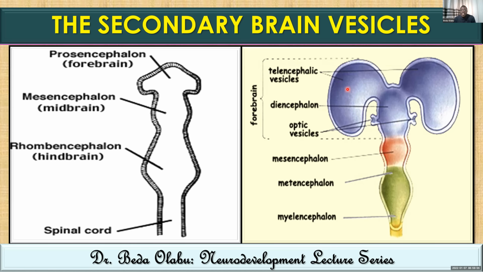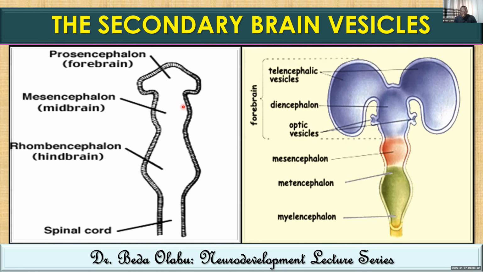So these are a right and a left telencephalon. And then another thing that also comes from prosencephalon is this swelling here, which we call diencephalon. So prosencephalon, which is a primary swelling, gives us 2 secondary swellings, telencephalon and diencephalon.